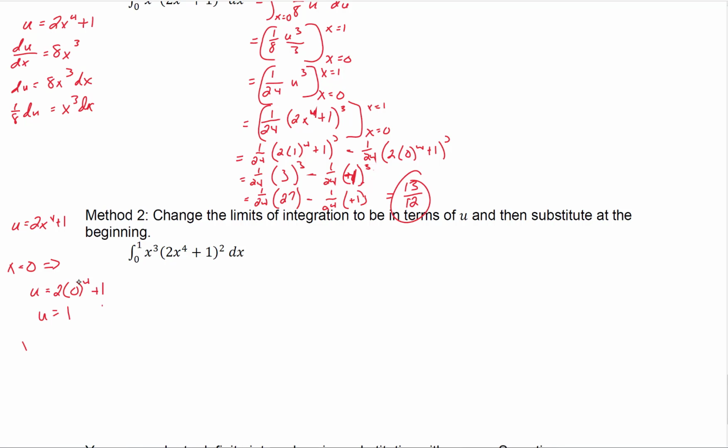Similarly, whenever x equals 1, then u is equal to 2 times 1 to the fourth plus 1. So u is equal to 3.